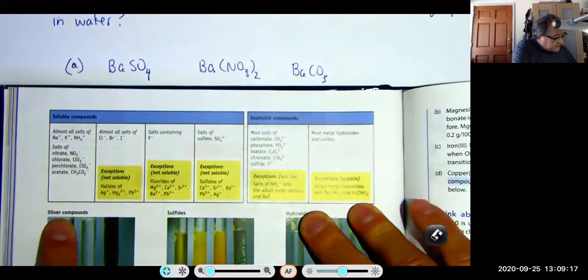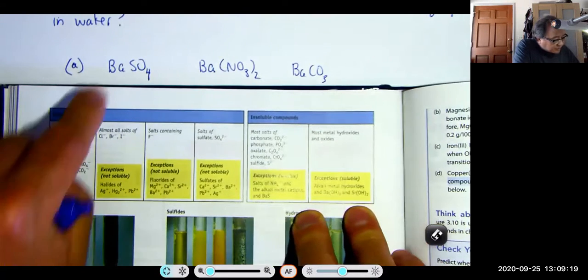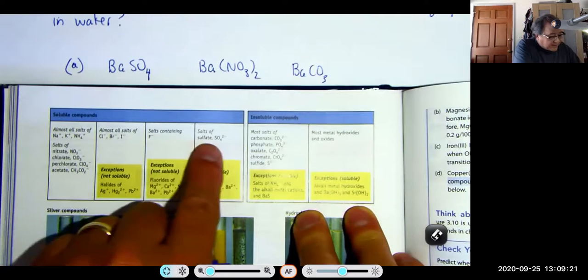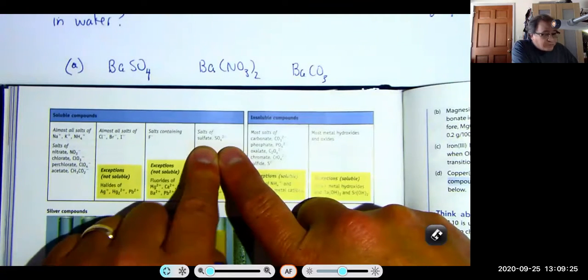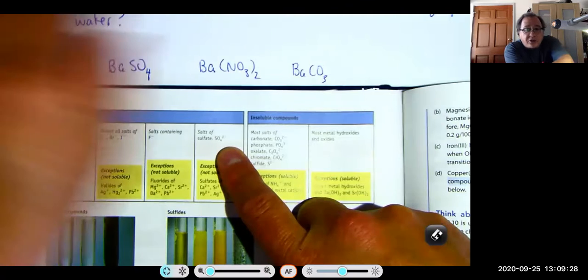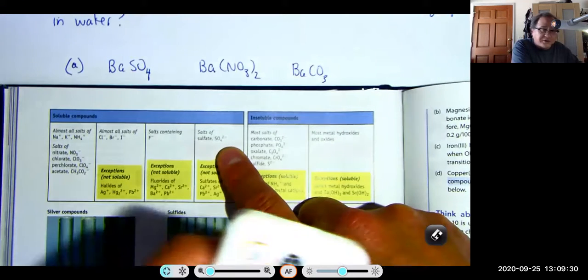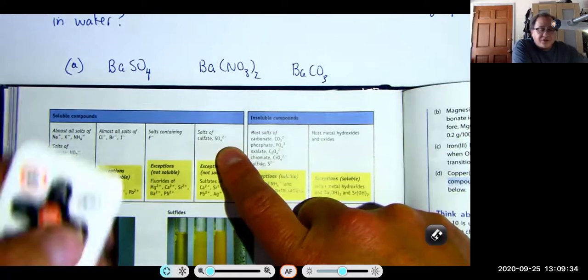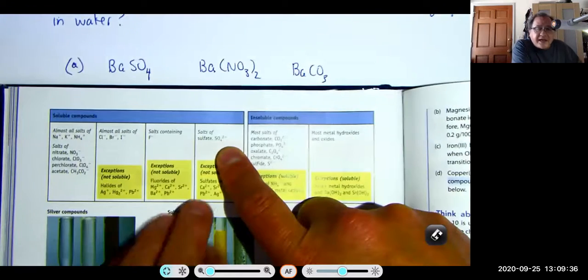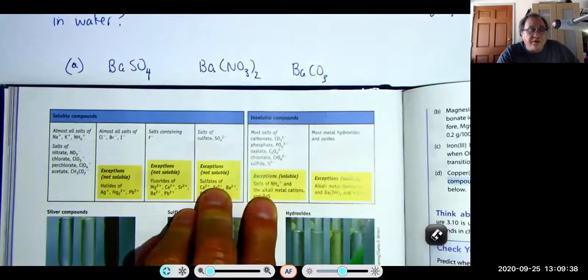If you look at what's written in white, we see sulfate right here. So soluble compounds are salts of sulfate. So what does salt of sulfate mean? Salt of sulfate means an ionic compound with sulfate in it.